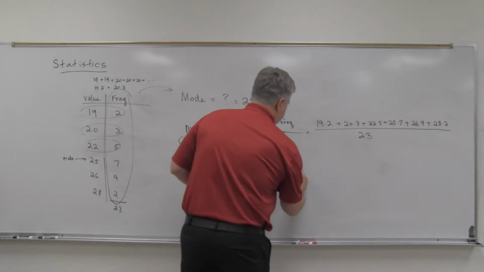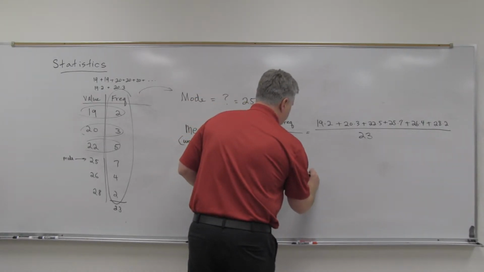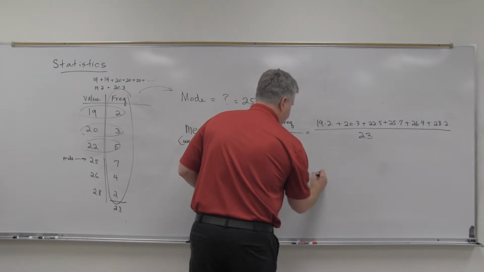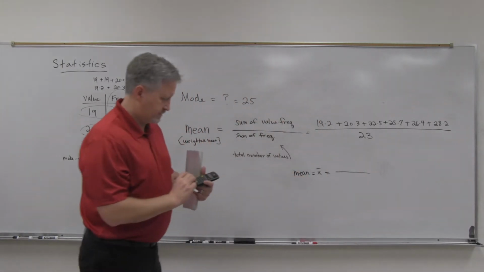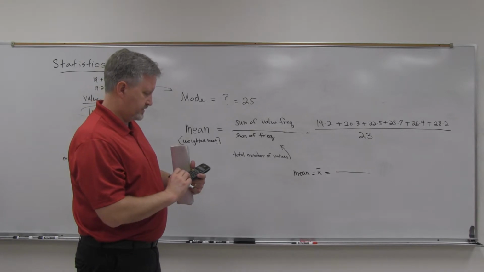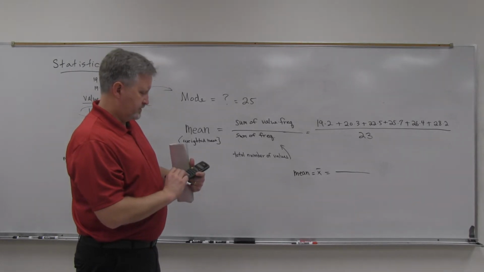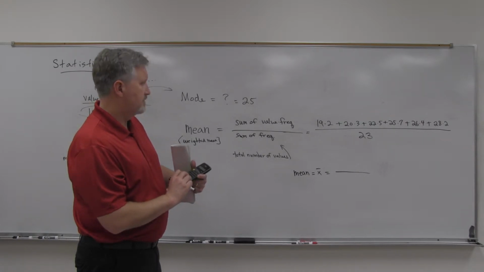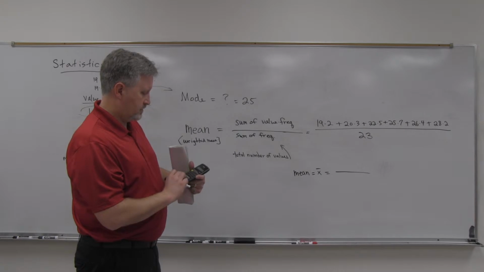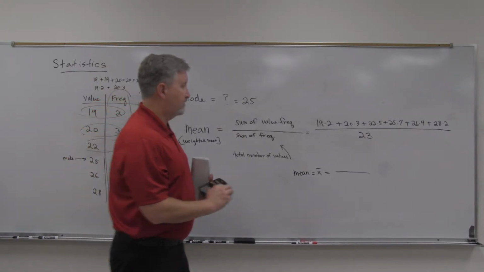So that's the way we get the mean, x bar, in this particular case. So what do we got? 38 plus 60, 22 times 5, 25 times 7, 26 times 4, and 56. 543?